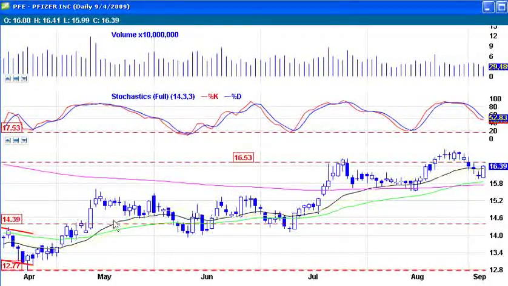Pfizer here. Here's another great one where we're right underneath the 200 period moving average, and I want to concentrate on that because Pfizer is a big company and a big stock, and that's where my other criteria come in. It has to be a well-known stock. It can't be a fly-by-night day trading stock where people are just getting on momentum.